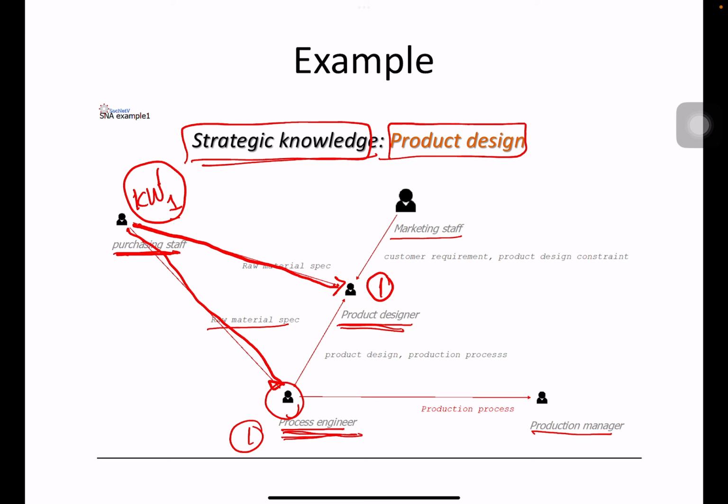The process engineer said the product designer should know about product design, and that the production manager should also know about product design. Then the product designer said the process engineer knows about product design. You can see the scores that I wrote.